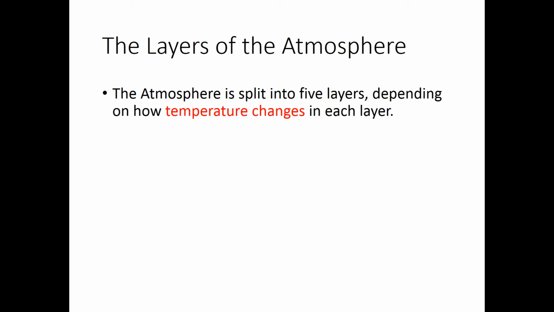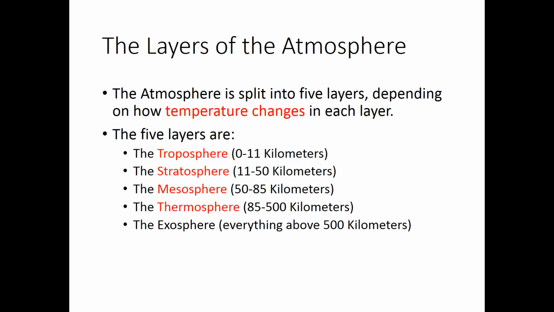But that's not true about temperature. Believe it or not, temperature doesn't always decrease with height. Let's talk about this. Here near the surface, we're in a layer called the troposphere.